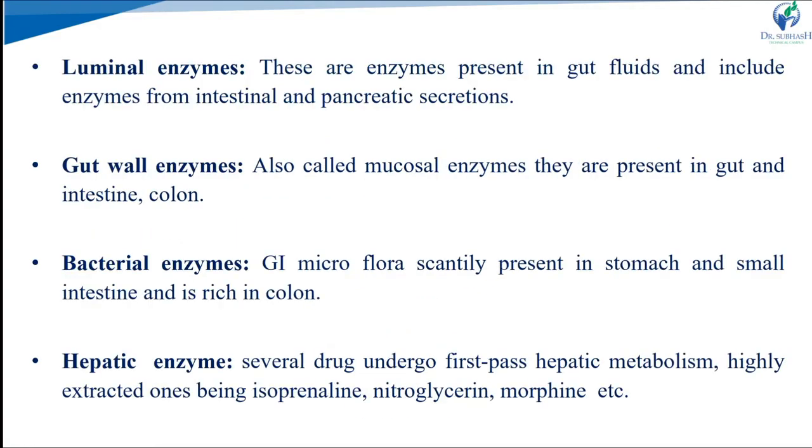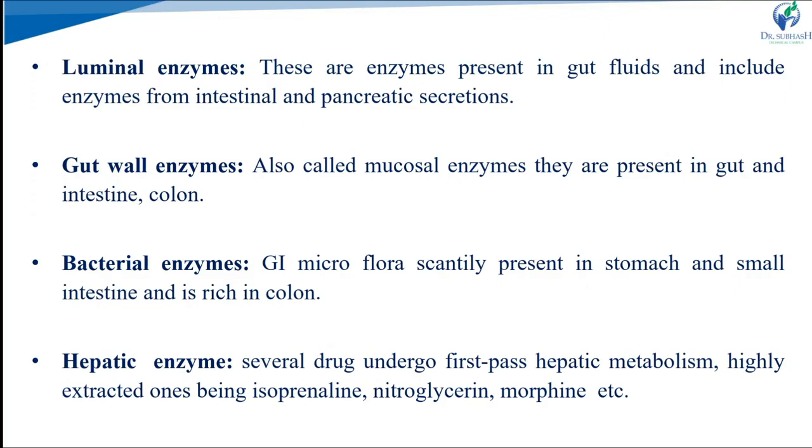Luminal enzymes are present in gut fluids and include enzymes from intestinal and pancreatic secretions. Gut wall enzymes, also called mucosal enzymes, are present in the intestine and colon. Bacterial enzymes come from the GI microflora, present in the small intestine and stomach and rich in the colon.